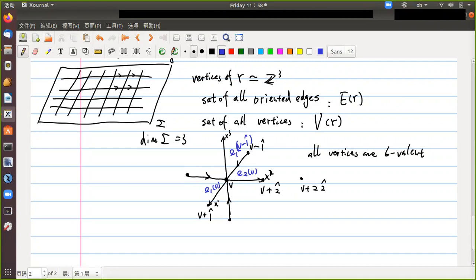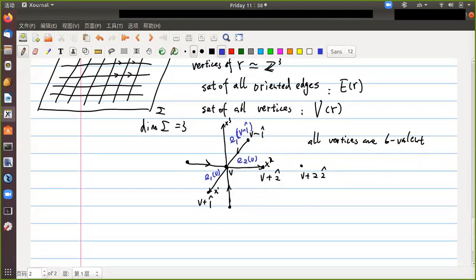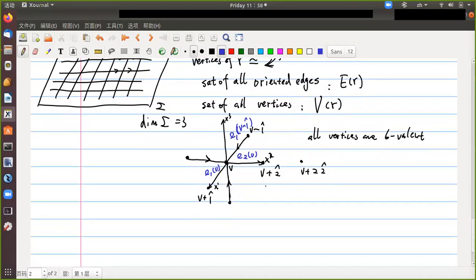So here it is just some labeling system for the edges. You can see that I can uniquely label those edges by using their direction and the vertex where it's starting from. Is there any other notation I need? Oh no, that's it. Here we have this label for all the vertices, and this label for all the edges.